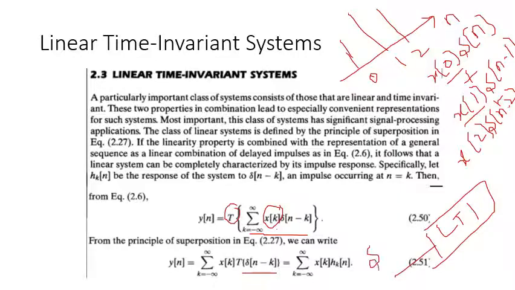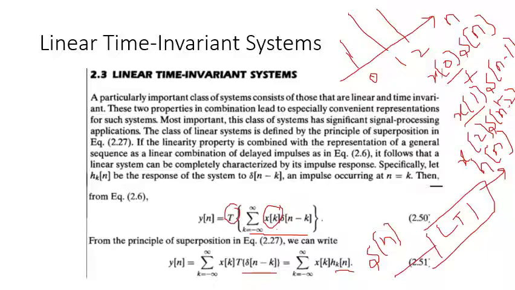If we apply an impulse at the LTI system, we will get the response h of n. So this is how we can completely characterize a linear system.